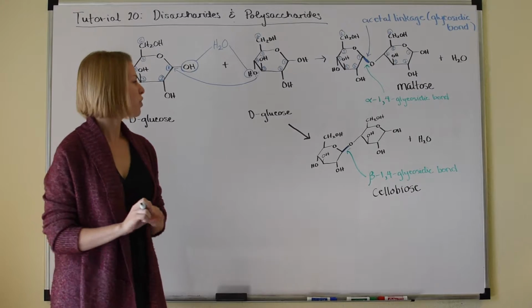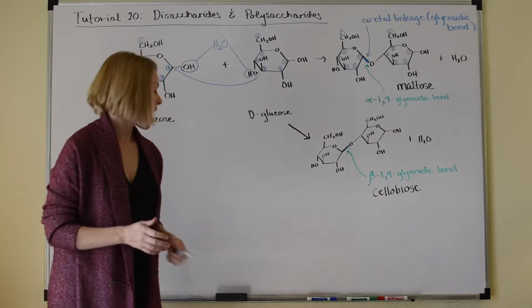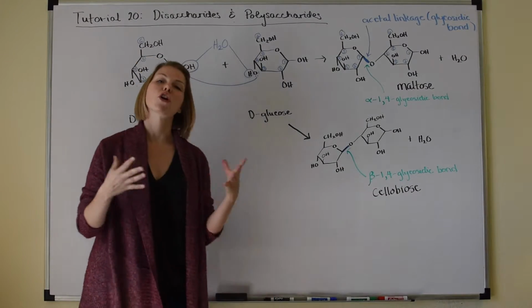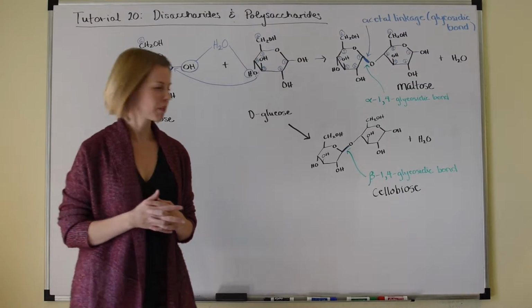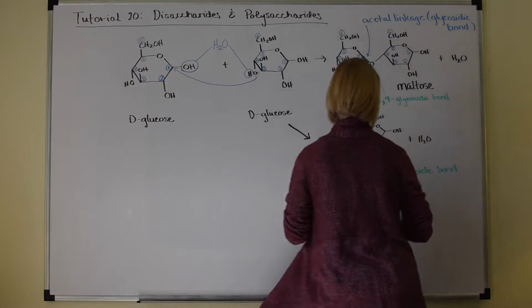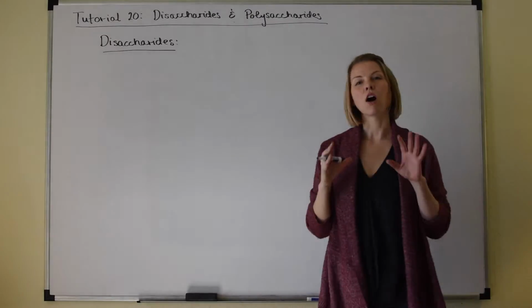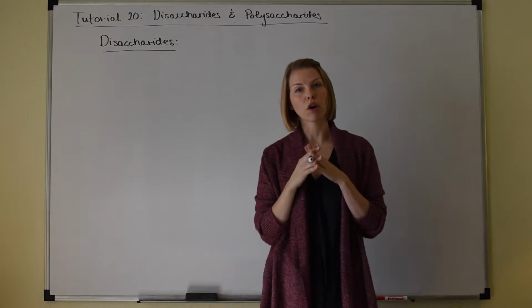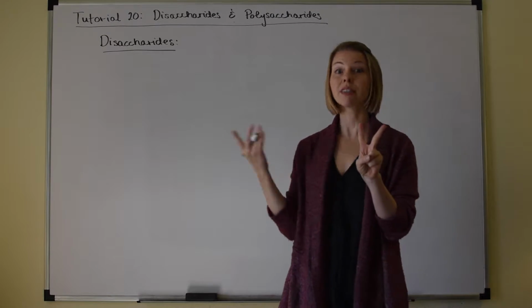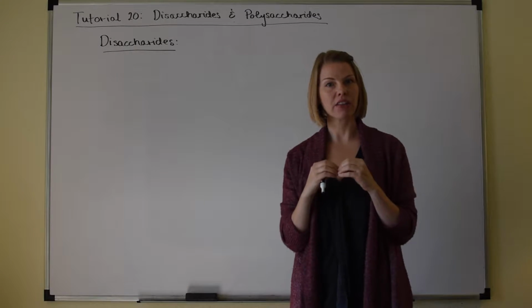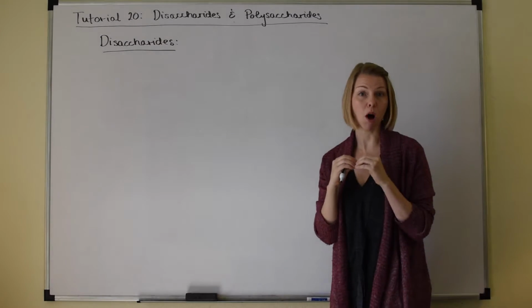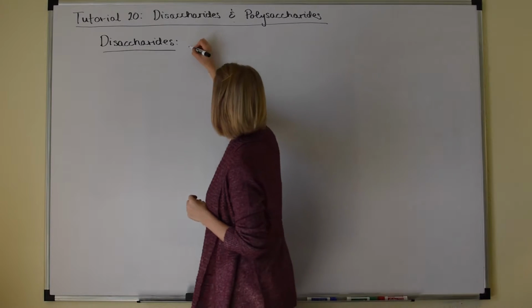All right, so let's go ahead and erase here and start talking about some of the more common disaccharides and polysaccharides. Okay, disaccharides form when just two, of course meaning two, monosaccharides link together by a glycosidic bond. So I'm going to write that up here.